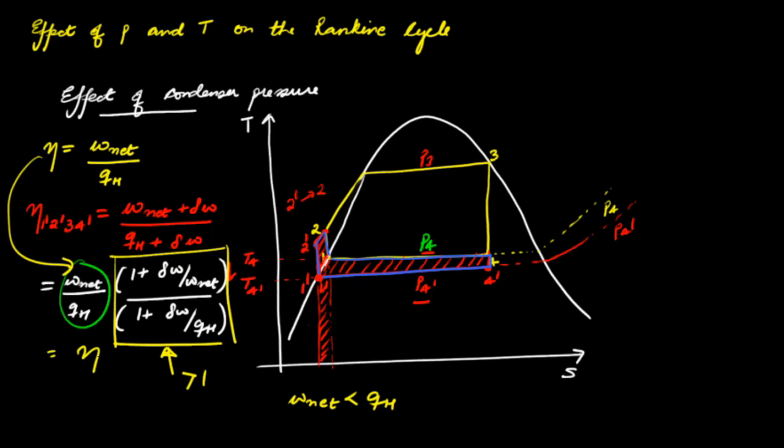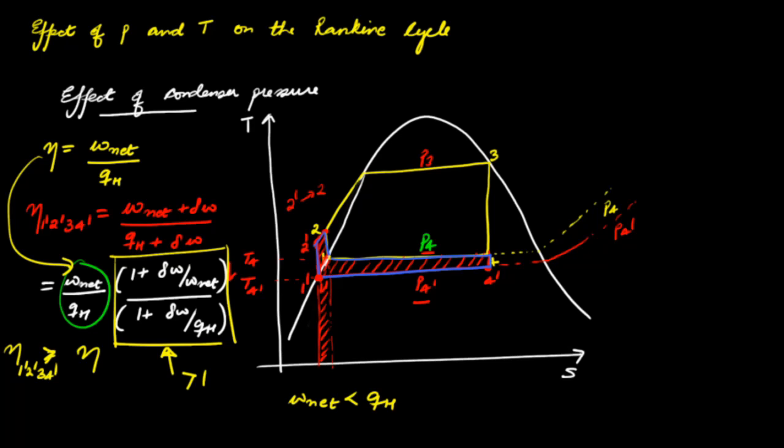Therefore, what we have is that the new cycle having lower condenser pressure has higher thermal efficiency. Therefore, the thermal efficiency increases by lowering the condenser pressure or the exhaust pressure of the turbine.